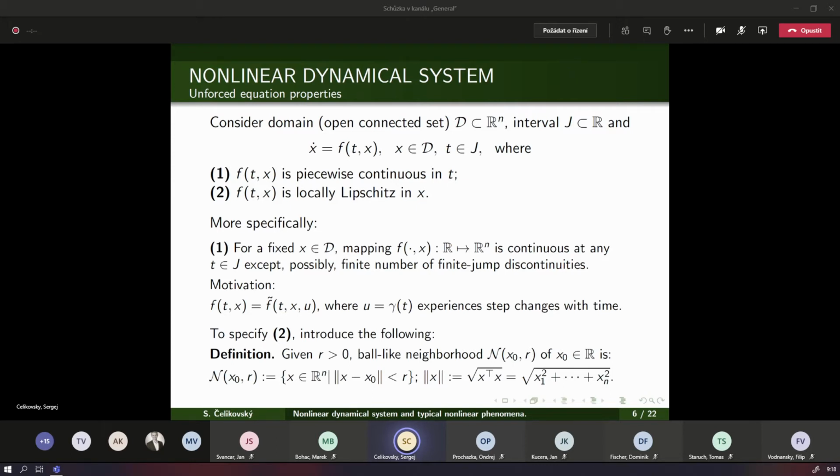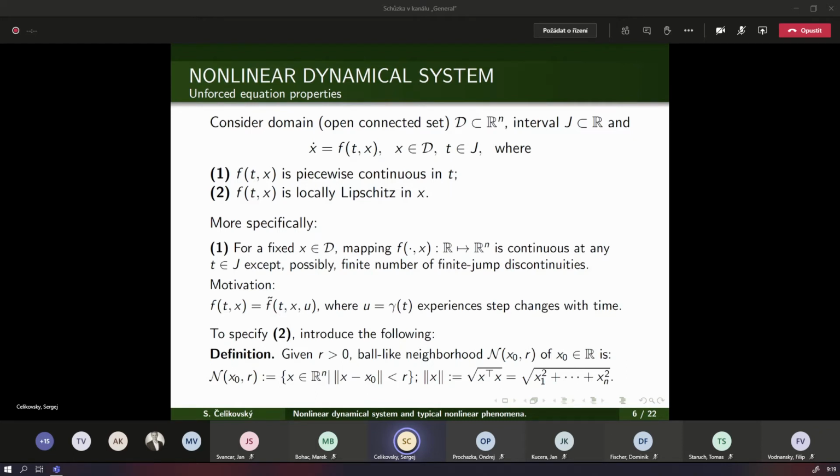So we want to know that if we know the current state, then the future can be computed for at least some time. And of course, the third ideal property is that the future which can be predicted is infinite. So we can predict for all times in the future. But many nonlinear systems can be solved only on some limited time interval.